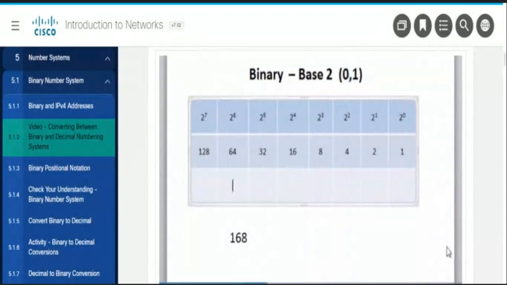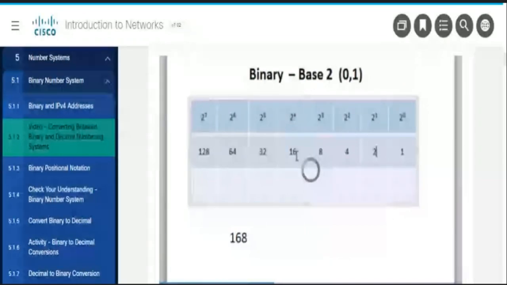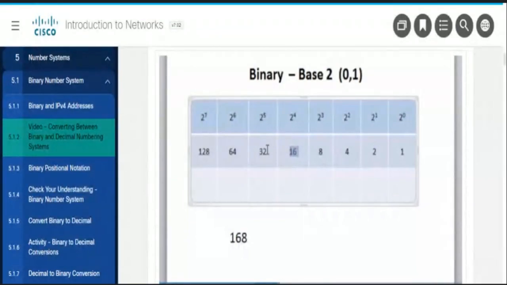The place values go from 1, which is 2 to the 0, to 2, 2 to the 1, 4, 2 to the 2, 8, 2 to the 3, or 2 times 2 times 2 is 8, and 2 times 2 times 2 times 2 is 16. That's 2 to the 4th power, place value of 16. The 32's place, the 64's place, and the 128's place.